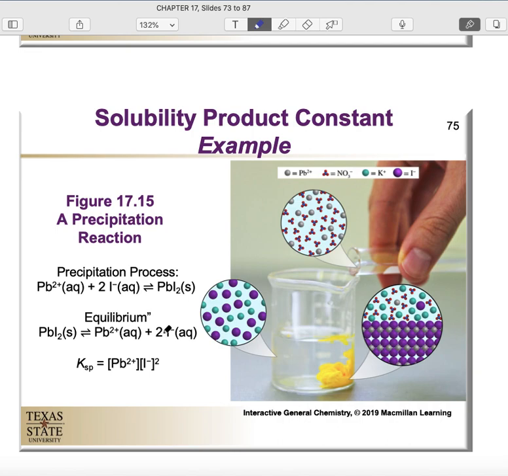That coefficient is something that you will need to be able to figure out on your own, and you do that by basically balancing the equation. You look at your compound, you dissociate it into the two ions, and then you look at how many of those ions you need in order to balance the equation. Since in the lead iodide you had 2 iodide ions, you needed a coefficient of 2, and of course that 2 ends up here as an exponent.